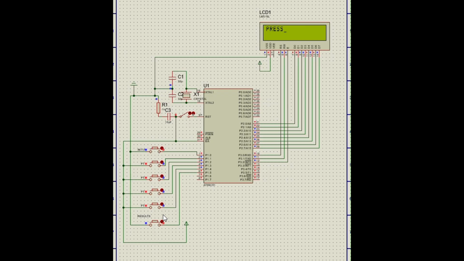Every time after the casting of a vote, we have to initiate. For seeing the results, we have to press the result button. The results are displayed on the LCD display.